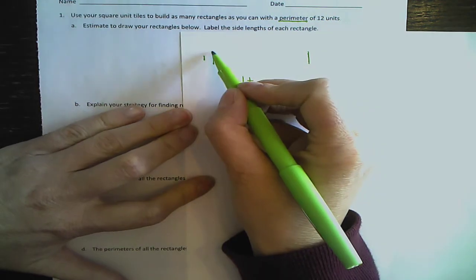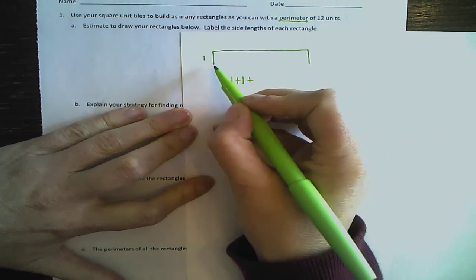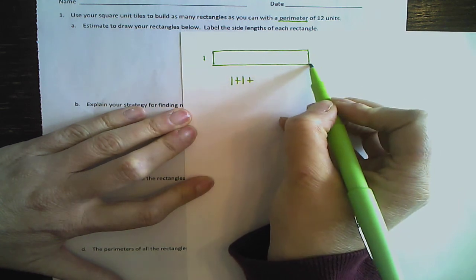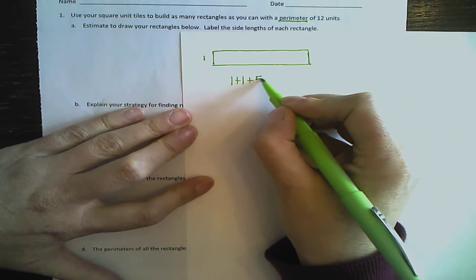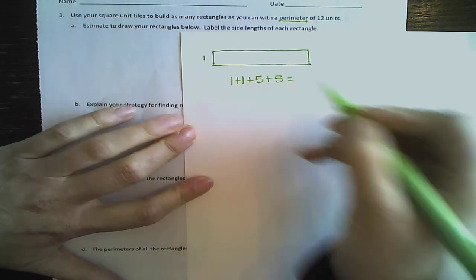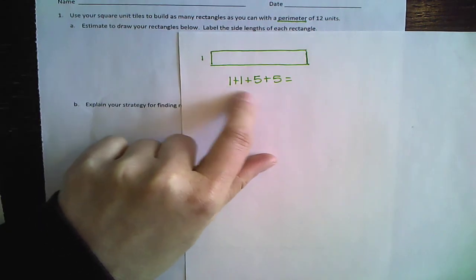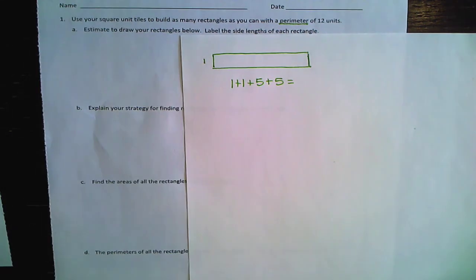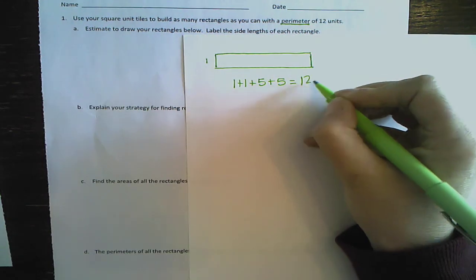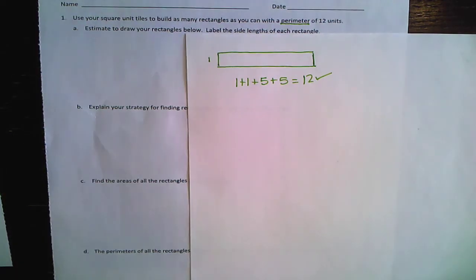So if we split 10 in half, we'll have what? Yes, 5 plus 5. So 1 plus 5 plus 1 plus 5. In other words, 6 plus 6, that's going to give us a perimeter of 12. So that one checks out.